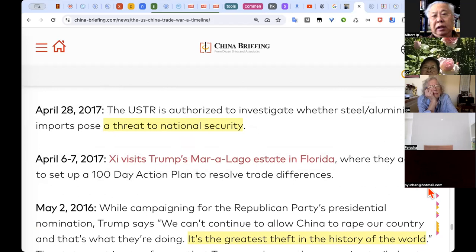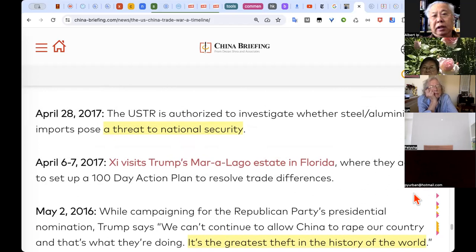So then they say steel and aluminum impose a threat to national security. There's an interesting story here about steel and aluminum.